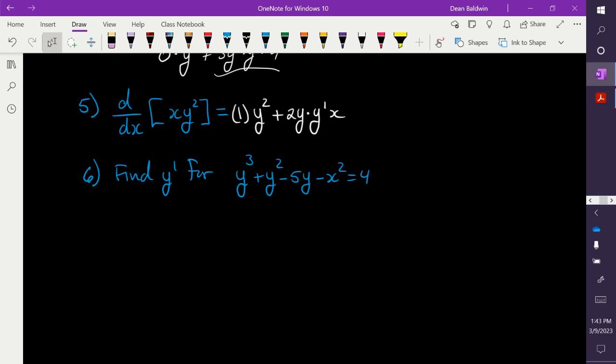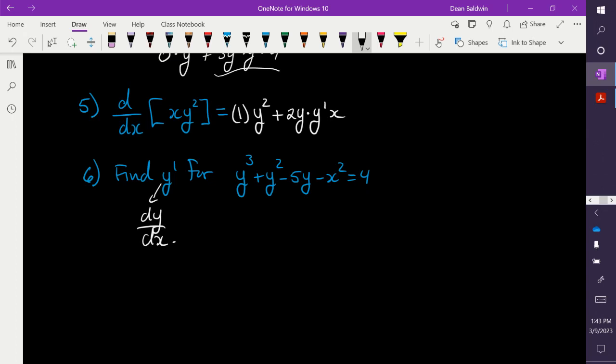Find y prime for y cubed plus y squared minus 5y minus x squared is equal to 4. Okay. So if you have addition signs and subtraction signs, that's fine because you can do each one separately. So we're deriving, so when I say y prime, I guess I should say dy/dx, right? We're deriving with respect to x.